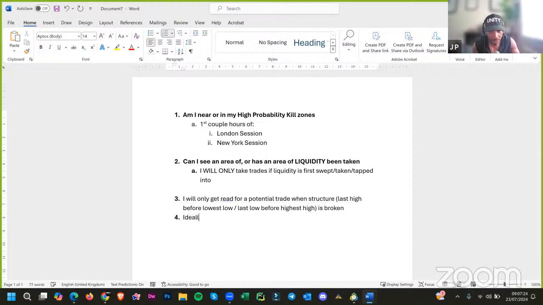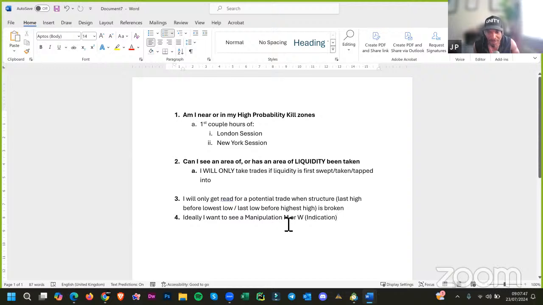Ideally, I want to see a manipulation, M or W, indication. The M's or W's are just an indication. You can even see it here in the text.